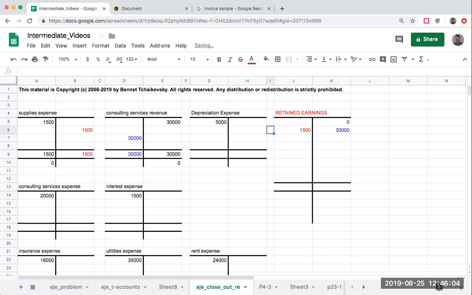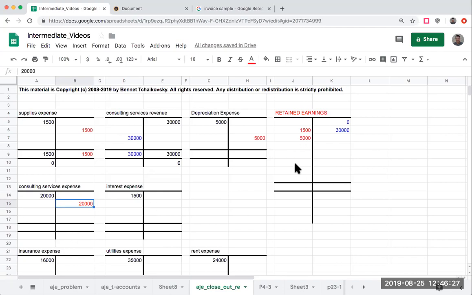Okay. So for depreciation expense, to make this account 0, I need a credit over here for $5,000. So I'm going to go ahead and make this over here for $5,000. To make consulting services expense 0, I'm going to need a credit for $20,000.